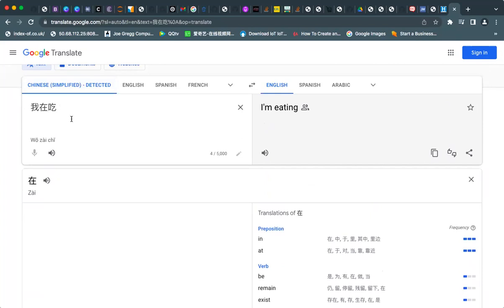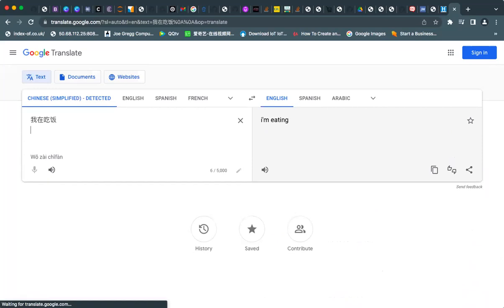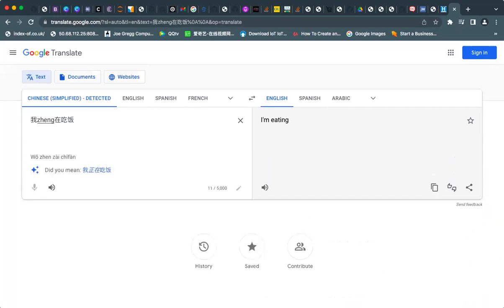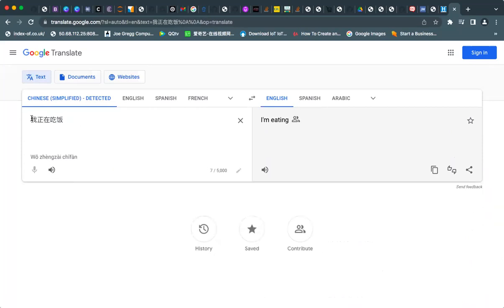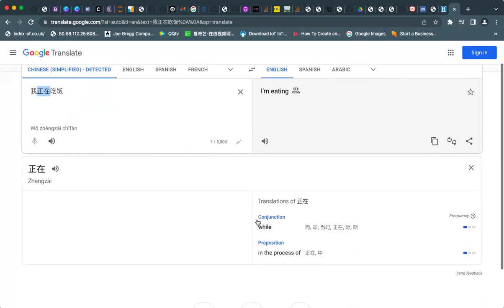So 在吃, or 在吃饭, like you said earlier, right? It doesn't change the meaning. But the word that I wanted you to look at was 在, and there's a part where we say 正在. 正在 is the same thing: I'm eating, in the process of.